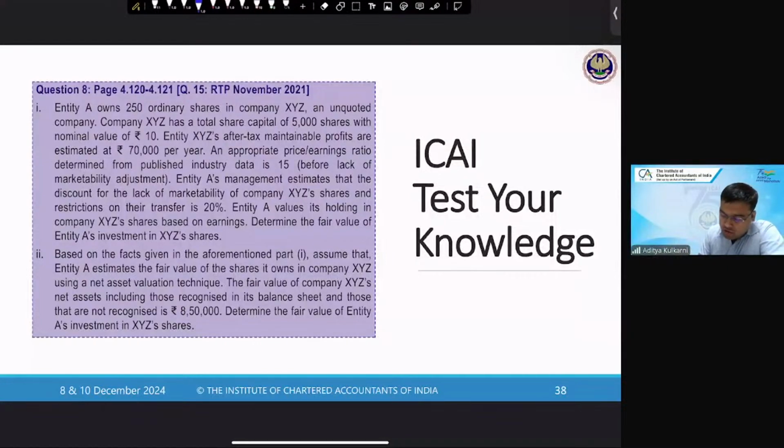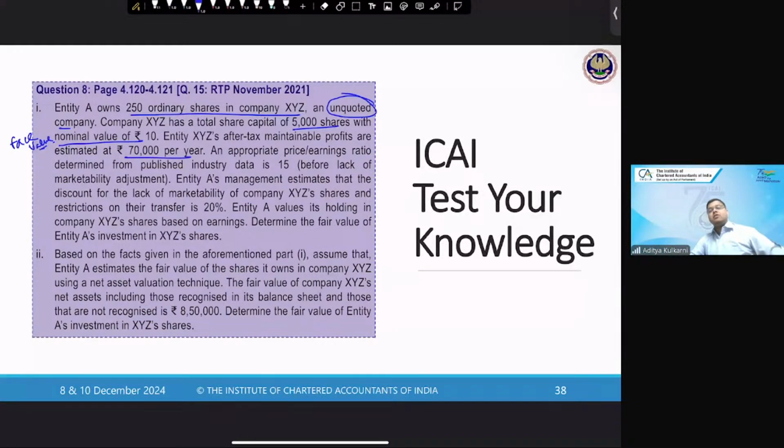An entity owns 250 ordinary shares in company XYZ, an unquoted company. Company XYZ has a total share capital of 5,000 shares with a nominal value of rupees 10. Nominal value means face value. Face, not fair. Entity XYZ's after-tax maintainable profits are estimated at 70,000 per year.